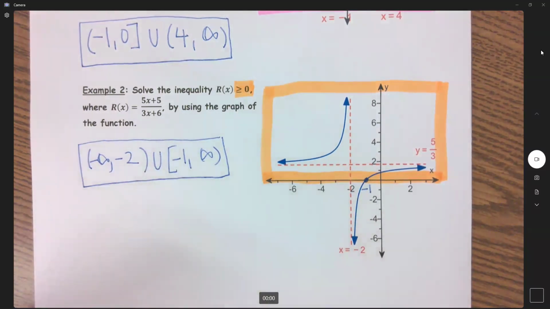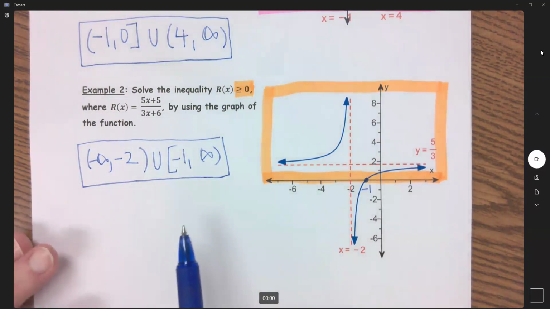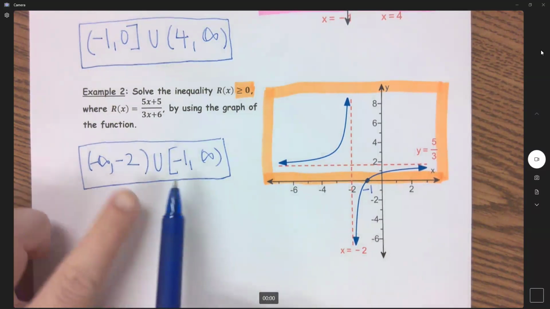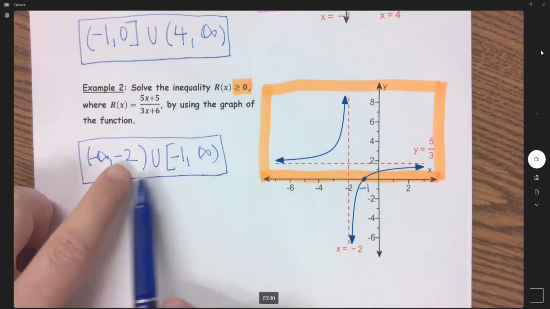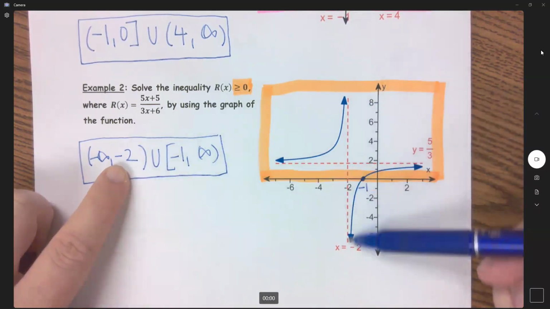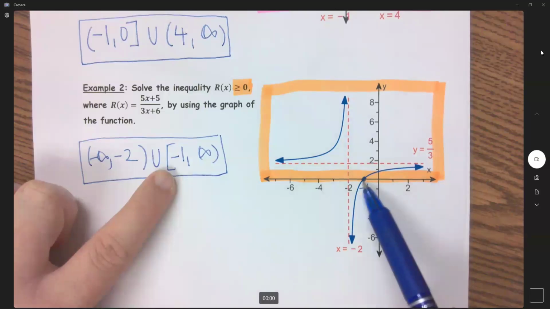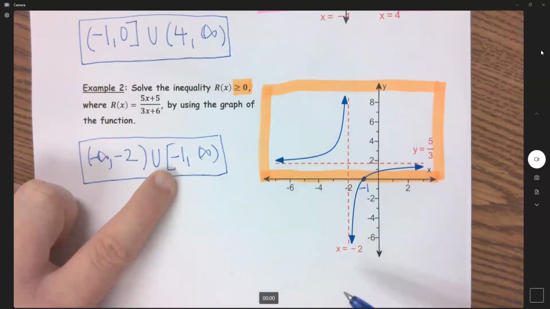Now I could stop the video right here, but I want to introduce you to what we're doing next video. We're going to have to start solving algebraically, and algebraically means I need to find these two things here. What did this -2 represent? That vertical asymptote. What did this -1 represent? This x-intercept, or this 0.